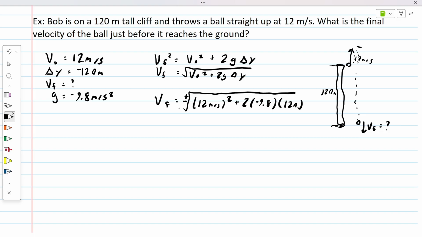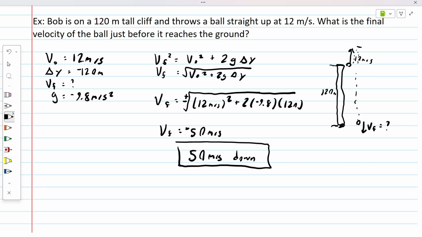And this will also have a plus or minus on it, so the v final will be equal to 50 meters per second, right? And now we have to decide, is this negative or positive? Well, when we draw our picture, the ball is going up, and then when it's coming down right before it hits the ground, it's falling down towards the ground, so it'll be negative, which means that our final answer will be 50 meters per second down, and that'll be our final answer.